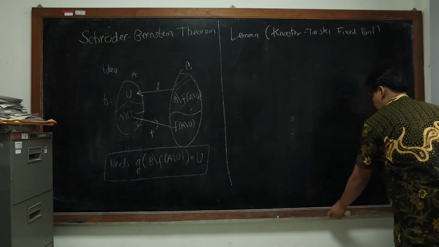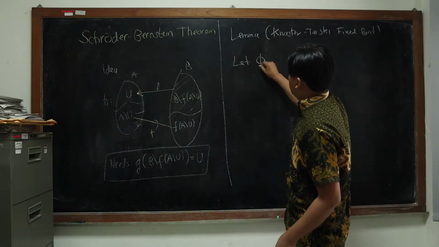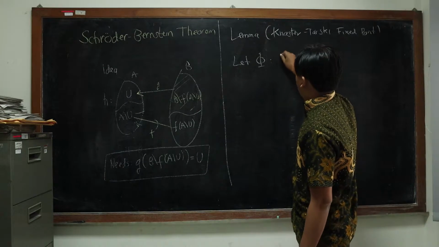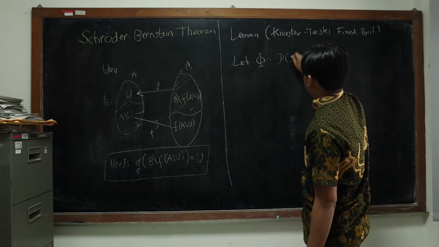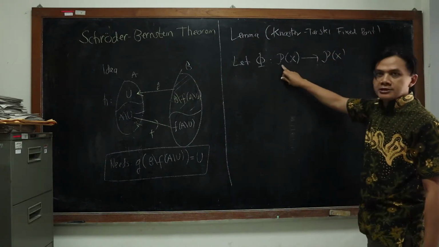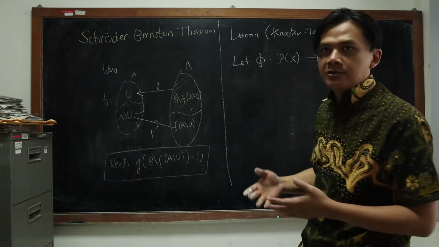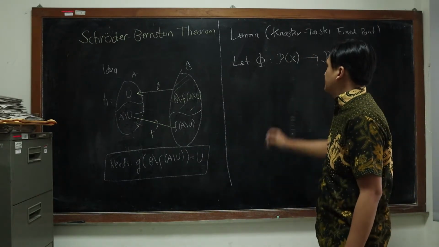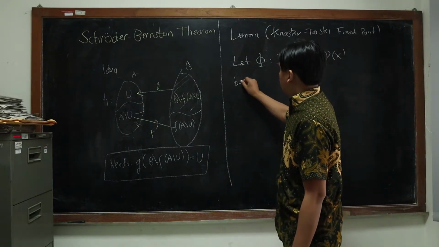So the lemma says that let phi be a map from the power set of X to itself. So this P of X indicates the collection of all subsets of X, right? Let phi be monotonic.